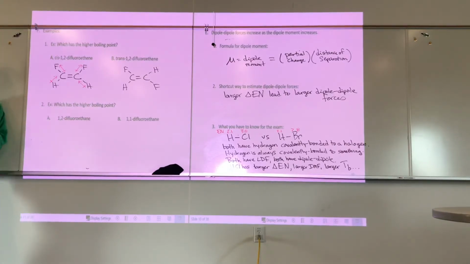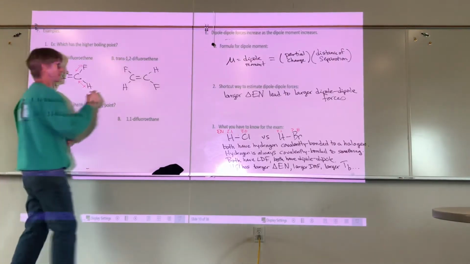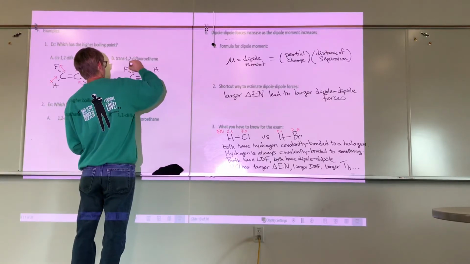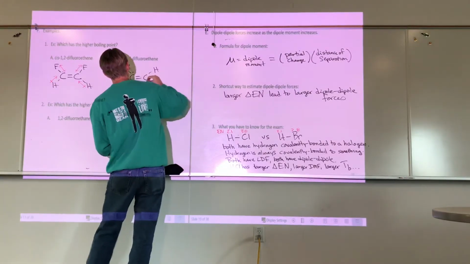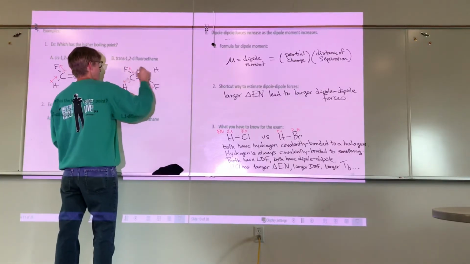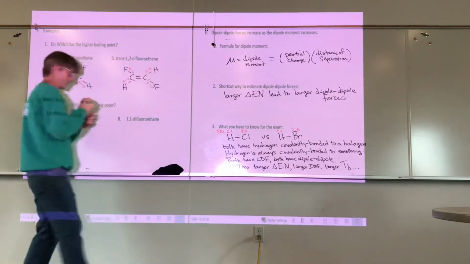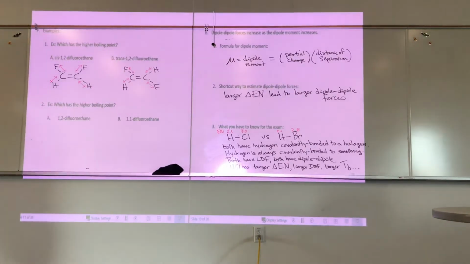We draw dipoles facing the more electronegative element. And then the question becomes, which of these has the dipoles that exactly cancel each other, and which one doesn't? Because the ones where the dipoles exactly cancel is nonpolar.